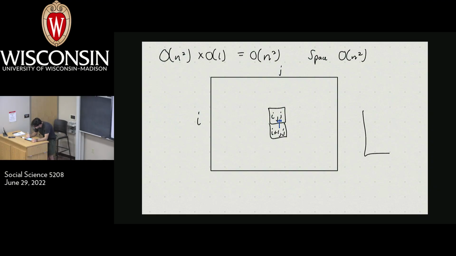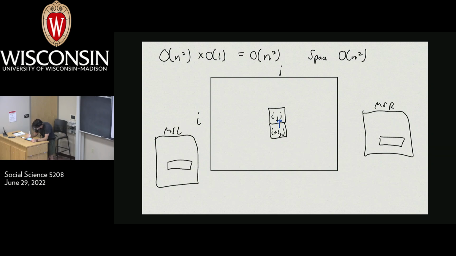So then we have the MSL chart and the MSR chart. Maybe we should make this one R. So then we have other things that it depends on. But we're pre-computing both these matrices completely. So for the purpose of this box, we can just ignore these.